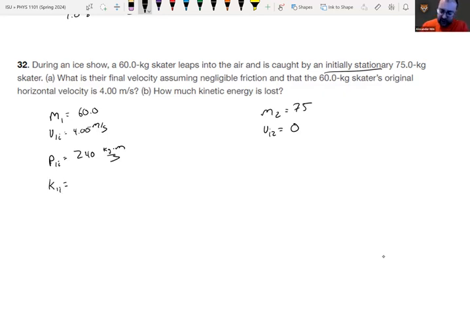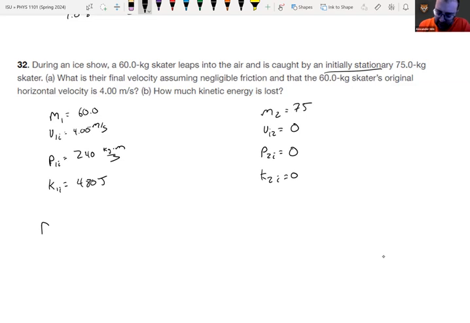K1 initial is going to be 1/2 times 60 times 16, so it would be 60 times 8, which would be 480 joules. Now P2 initial is going to be 0 because velocity is 0, and K2 initial is also 0.